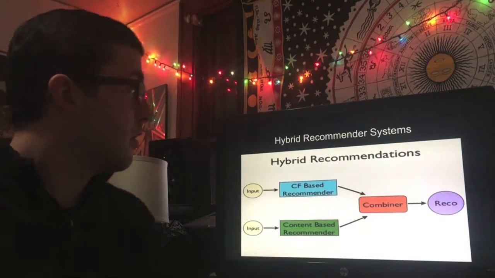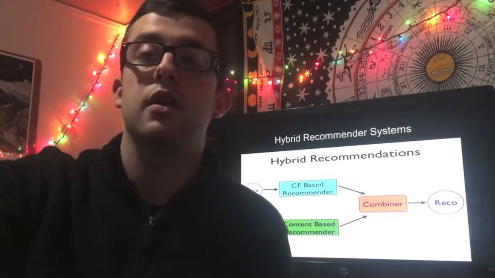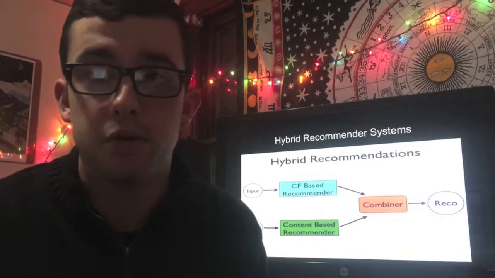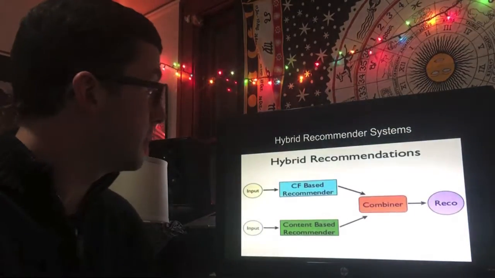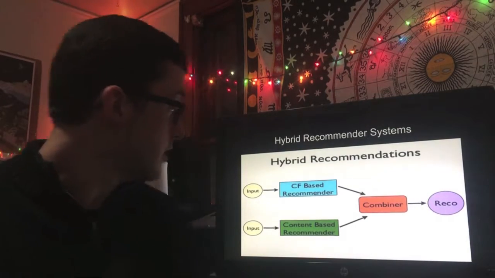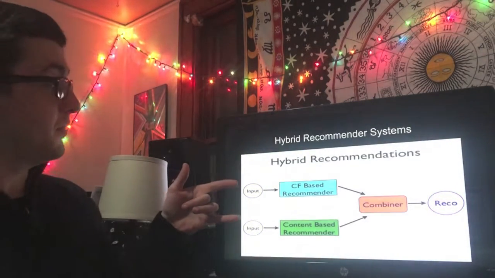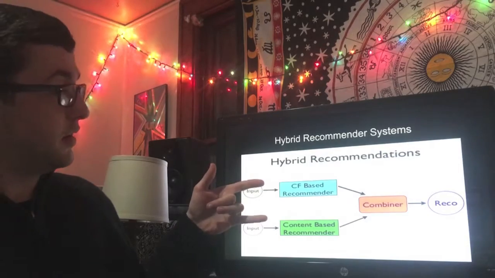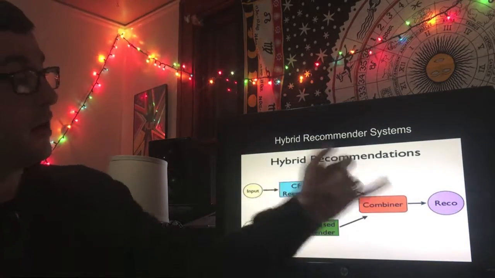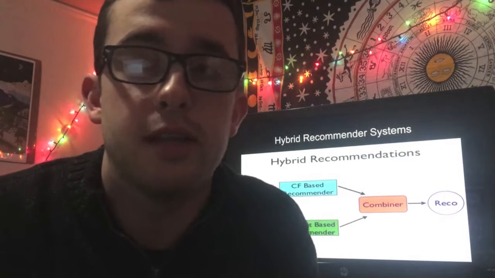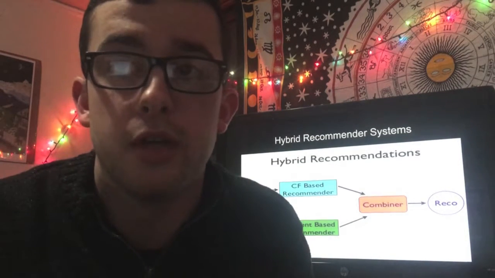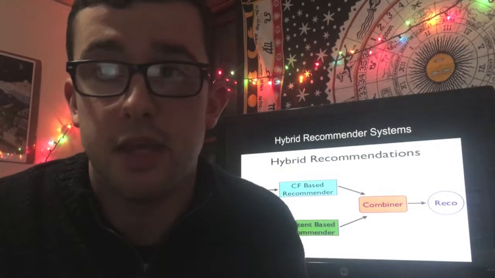Now, there are some systems that combine both collaborative and content-based techniques, and they're called hybrid recommender systems. As you can see here, you have two different filtering techniques as input, some sort of combiner, and then a recommendation coming out. Recent research has demonstrated that a hybrid approach can be more effective in some cases.